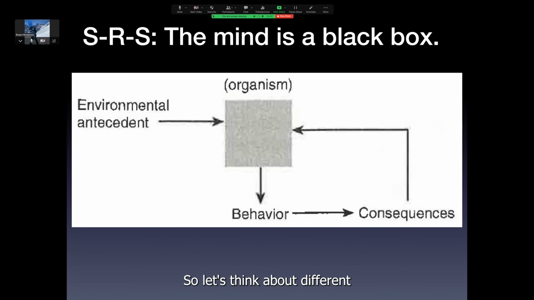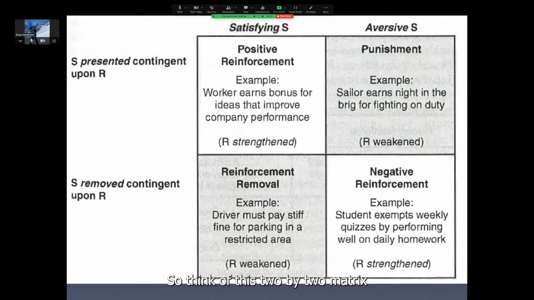So let's think about different combinations of stimuli and whether a stimulus is deemed as desirable or not desirable by the learner. So think of this 2 by 2 matrix. On one hand, we have the idea of whether or not the environmental stimulus is satisfying or not.